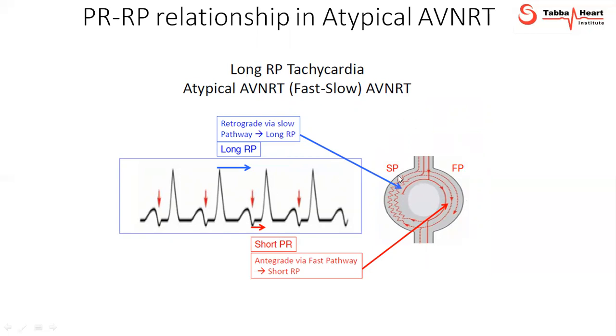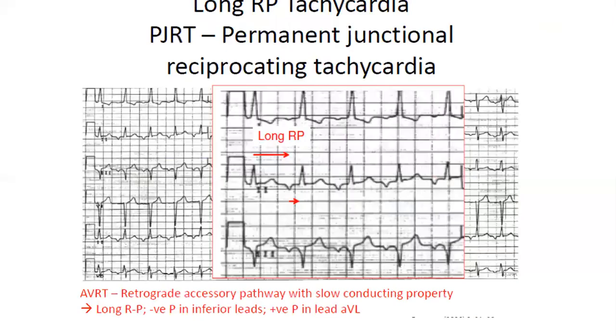This is an AVNRT with reverse node pathway activation. So long RP, right? Is it clear till here how you look for RP and PR in a 12 lead ECG when the patient is in tachycardia, and how that helps you decide which type of tachycardia is the most likely diagnosis?